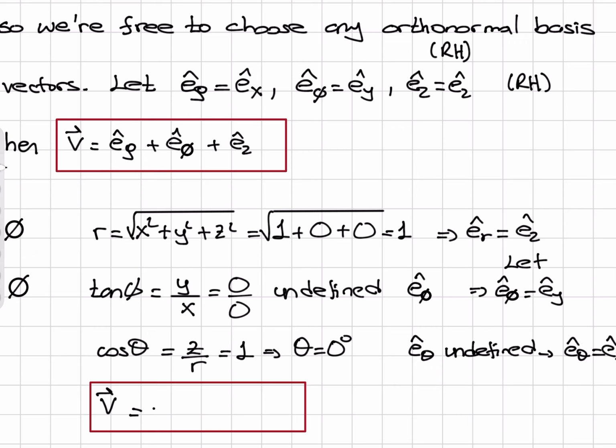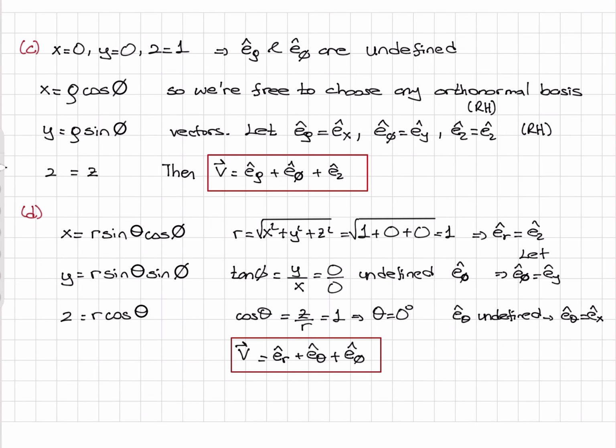So then this vector v is er hat plus e theta hat plus e phi hat, for example. I can write it this way because I'm free to choose these unit vectors since phi is undefined. So I choose any orthonormal basis vectors.